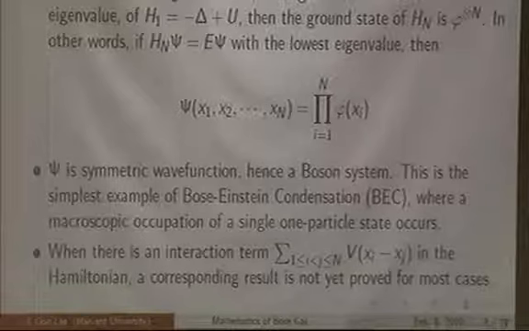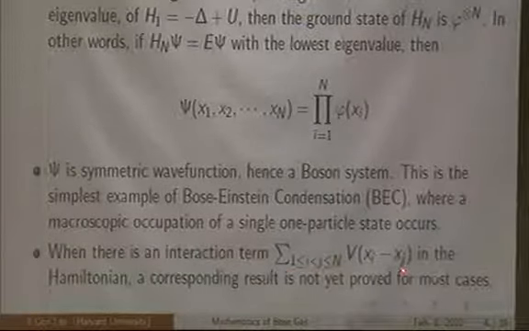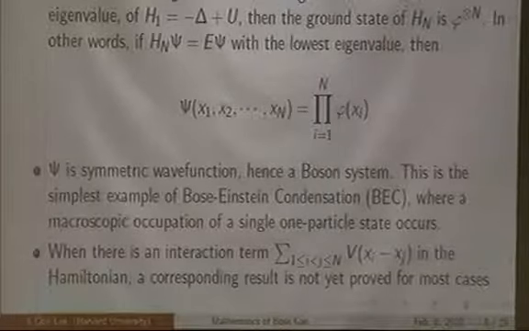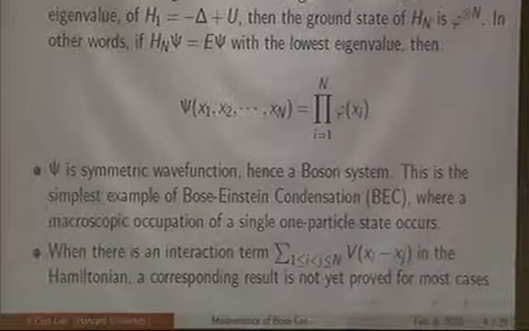So well, if there are no interaction potentials, everything is easy. But if we put in this interaction term, V of xi minus xj, then everything is complicated, and in fact, almost no result on the Bose-Einstein condensation is proved for the case with interaction potentials.